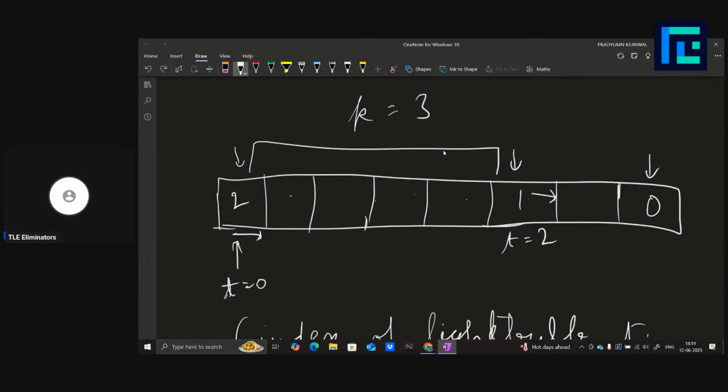There's one more case. Let's say you are here, facing this direction, but at t equal to 2. Then you will escape, because at this point the light is red, so you will turn around and you will escape, right?